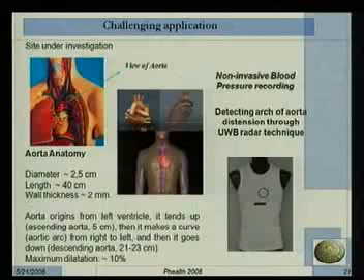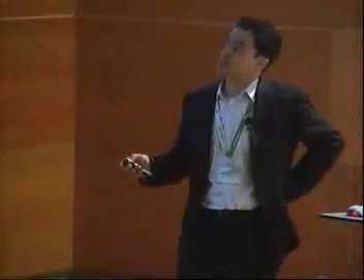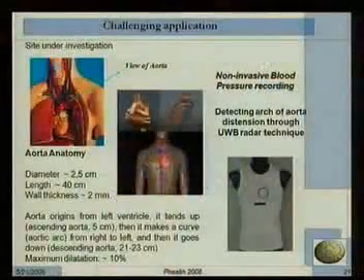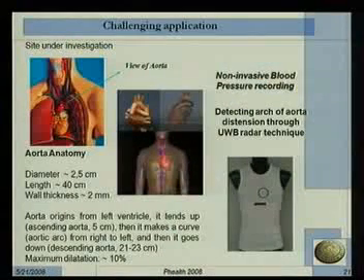A challenging application, but I think it can be realized in a far future, is to use this technology to detect the distension of the arch of the aorta, in order to non-invasively record the blood pressure. Currently the blood pressure monitoring devices do not work in real time, but are basically very invasive. This could be a challenging application for this technology.